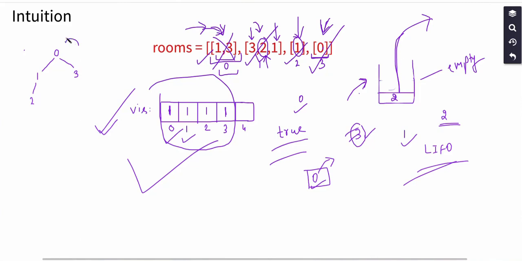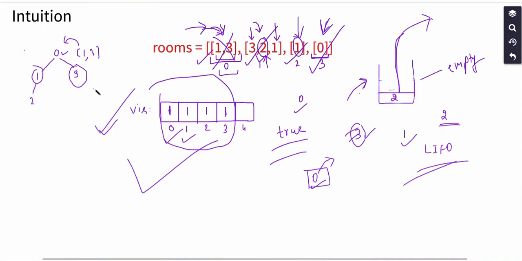And I'm starting from room number 0. And I'm asking whether I can visit all these nodes or not. That's what I'm asking. And standing at room number 0, if I have the keys to room number 1 and room number 3, only in that case I can visit this room and this room. Otherwise I cannot visit these rooms.